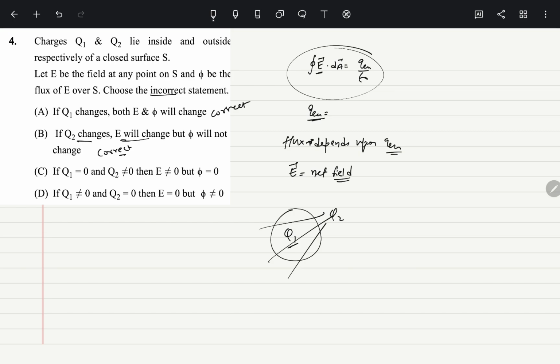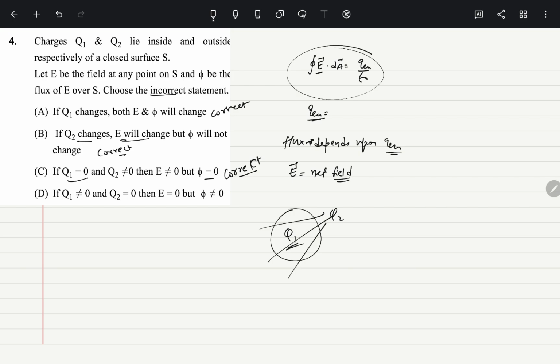Option C: if Q1 is equal to 0 and Q2 is not equal to 0, then E is not equal to 0 and phi is equal to 0. That is correct. As long as Q1 and Q2 are not equal to 0, the electric field will not be equal to 0. But if enclosed charge is 0, the flux is 0.